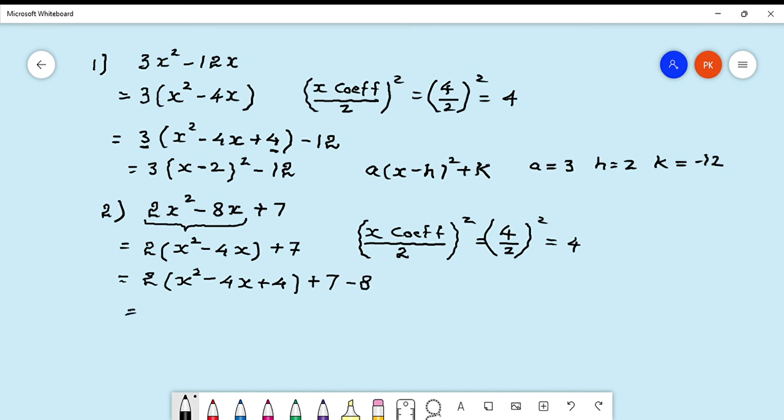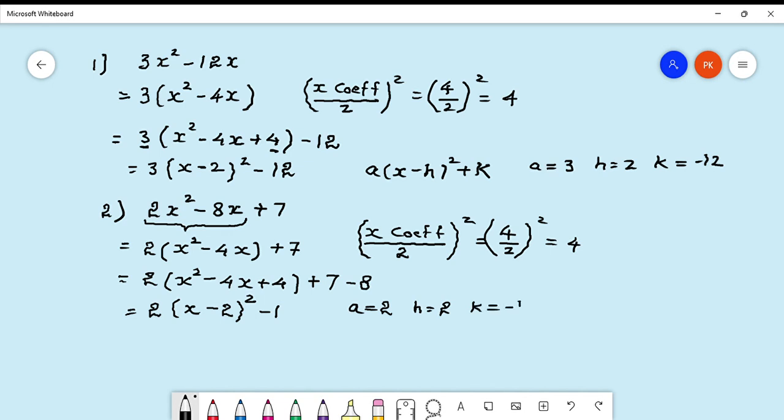So the bracket has become a perfect square. So x square means write x here, 4 means write 2 here, and only take the sign of the middle term. So x minus 2 the whole square, and 7 minus 8 is negative 1. That means in this case, a is equal to 2, h is equal to 2, and k is negative 1.